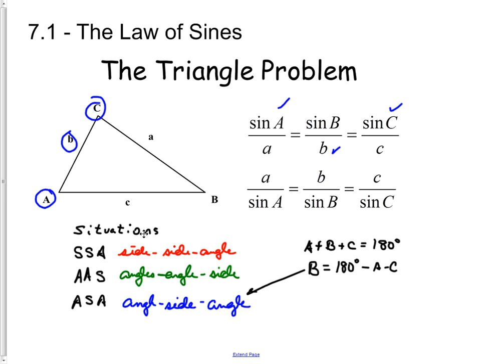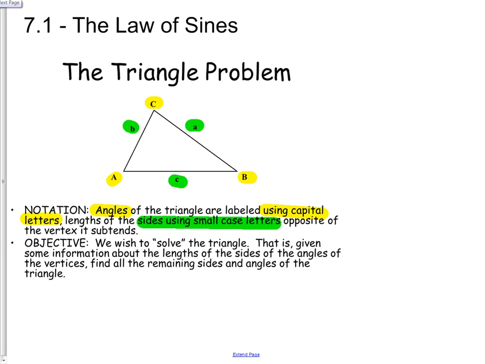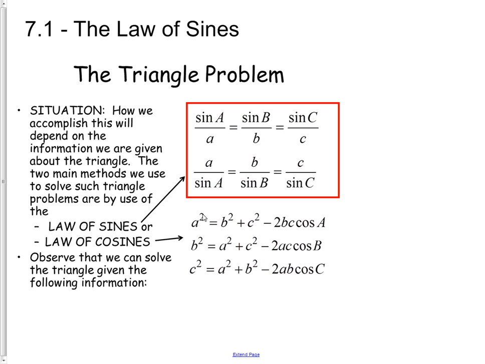Now there are some other situations. If you recall, we talked a little bit before right here. I was pointing out that if we wanted to use the law of cosines, that's a different situation. We would use the side-side-angle situation, the angle-angle-side situation, or the angle-side-angle.